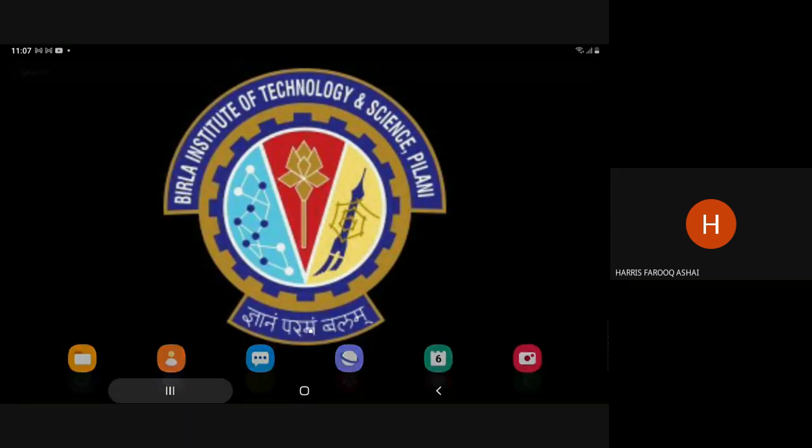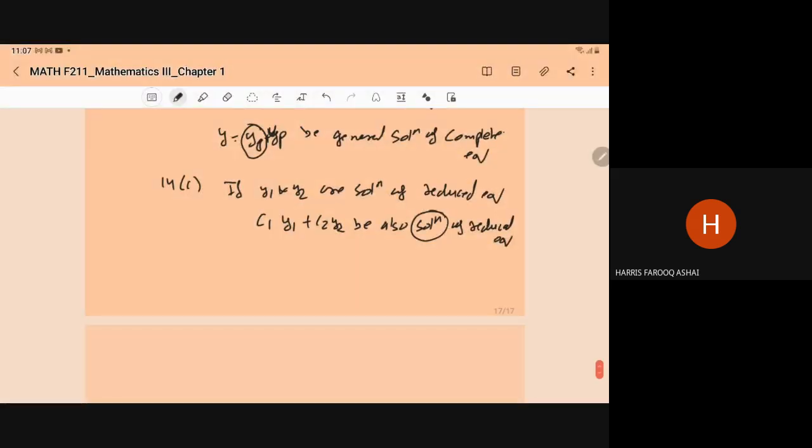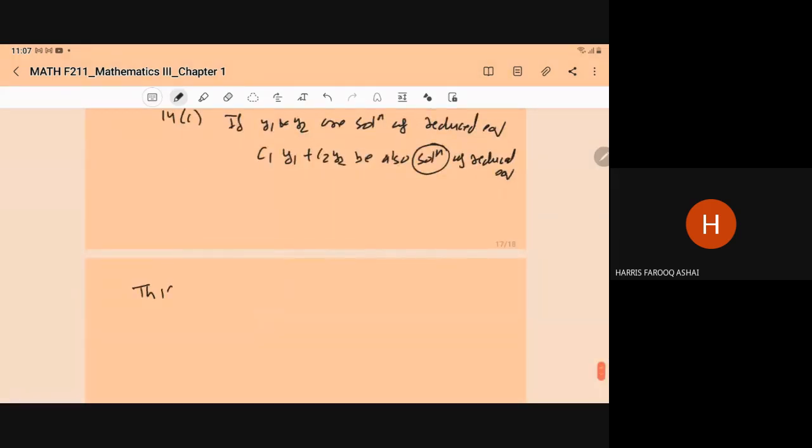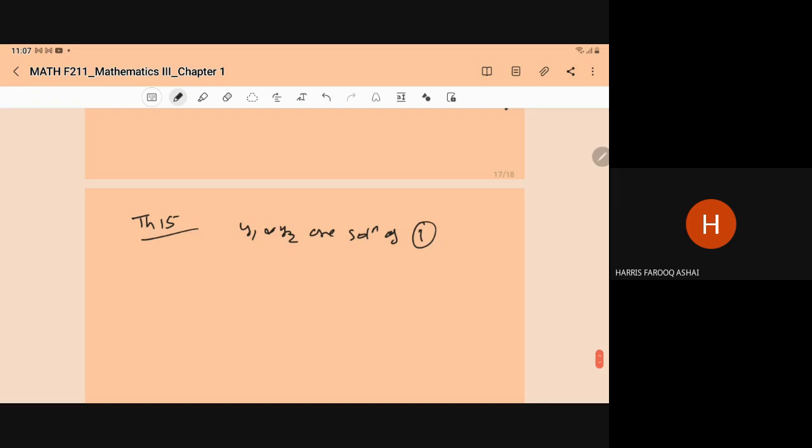So what is the theorem? Theorem 15 states that if y1 and y2 are solutions of the homogeneous differential equation y double dash plus px y dash plus qx y is equal to 0, their linear combination c1 y1 plus c2 y2 is a solution of the first by theorem 14c.